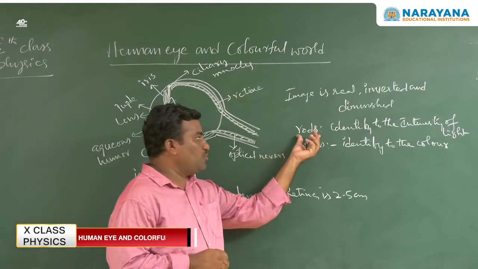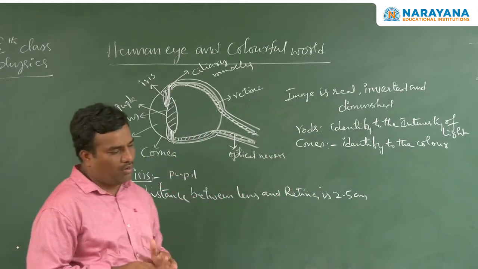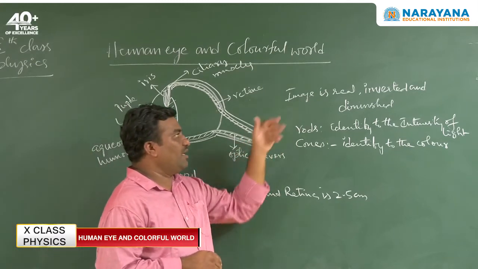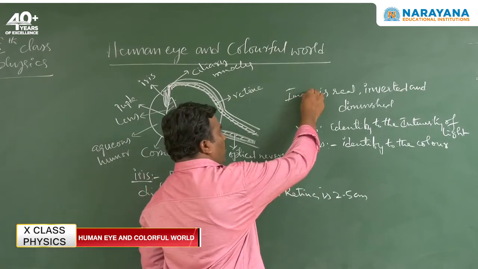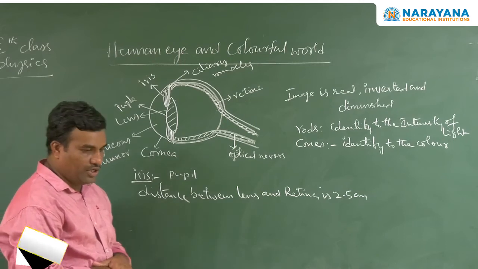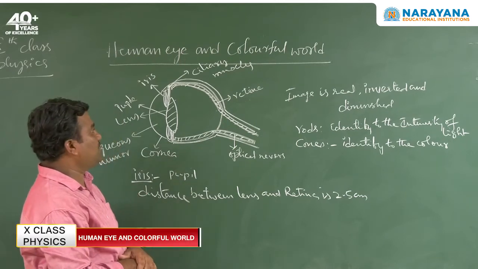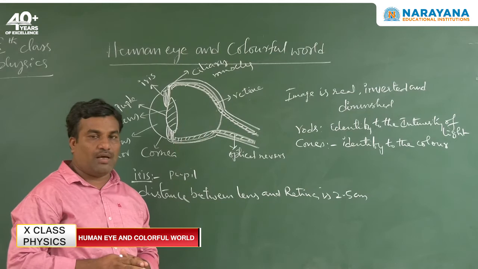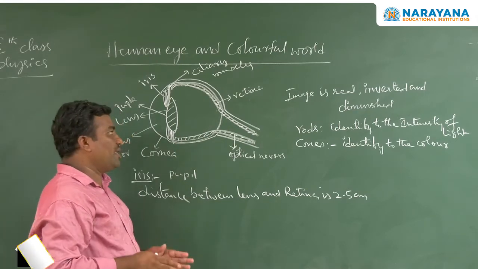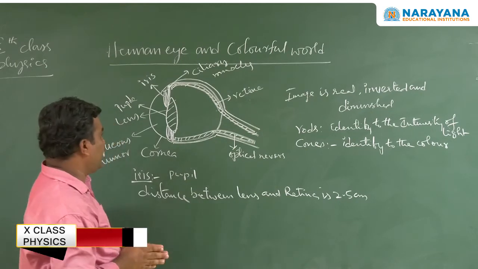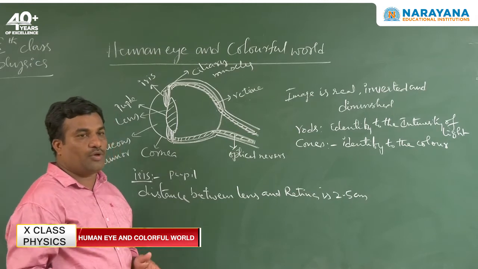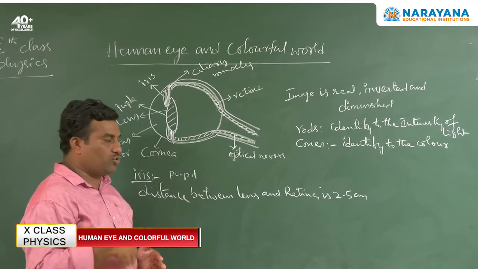Mainly, you can remember this for the examination. They ask what is the use of rods, what is the use of cones, all the components, and which image they give. The image is always real, inverted, and diminished. Next, the ciliary muscles change the focal length. When the focal length changes, the image distance stays constant at various positions of the object placed in front of the human eye, long distance or short distance.